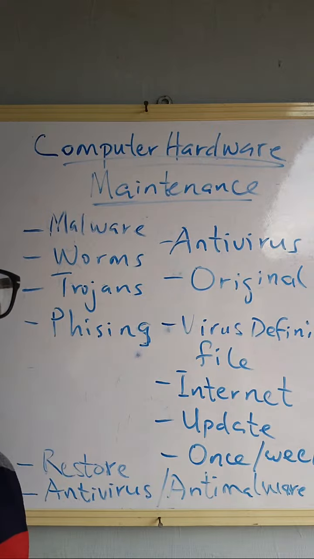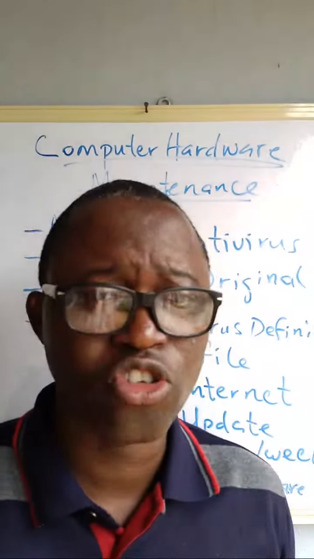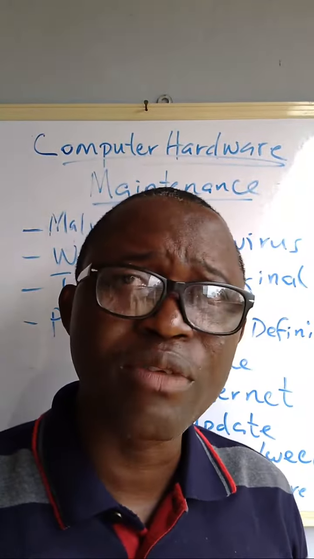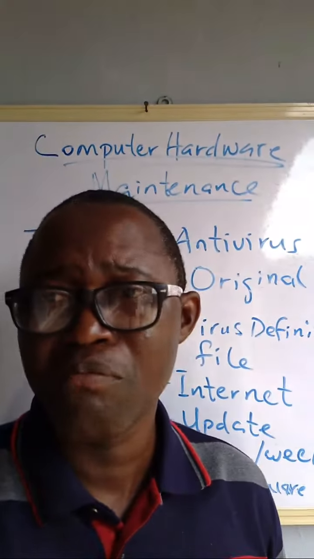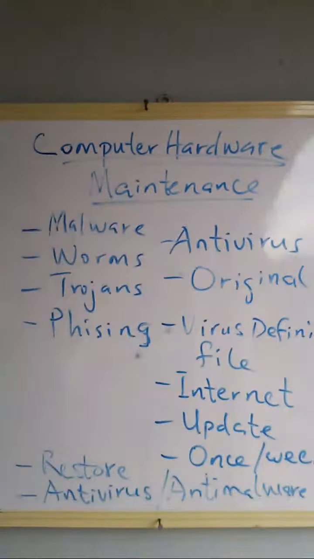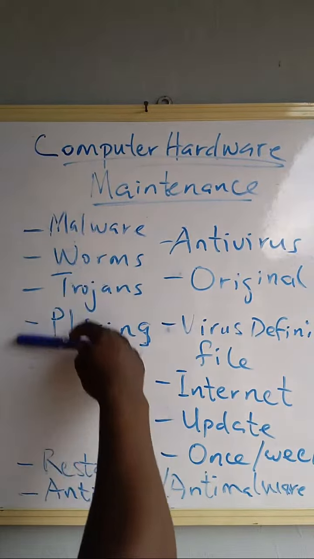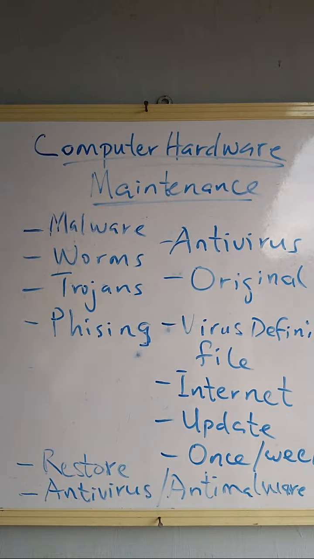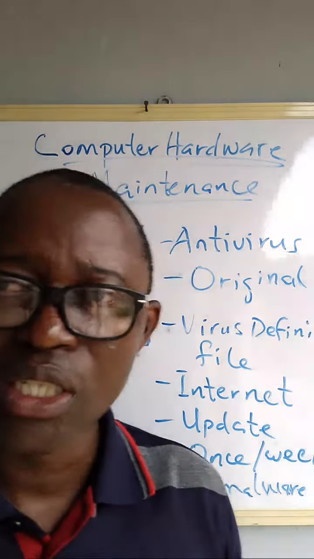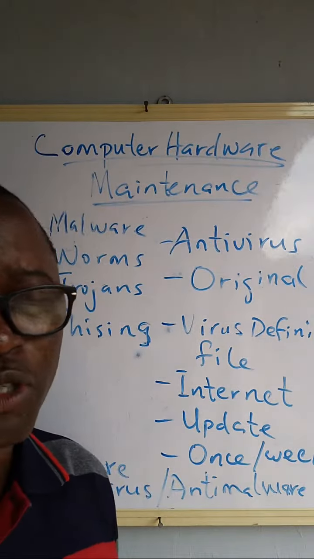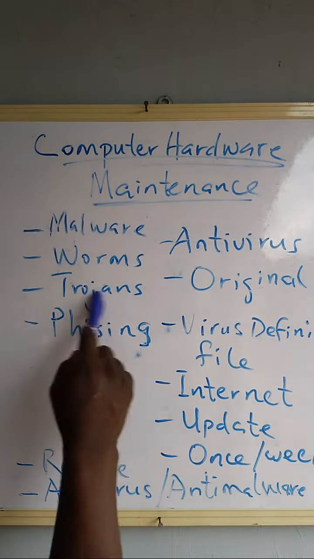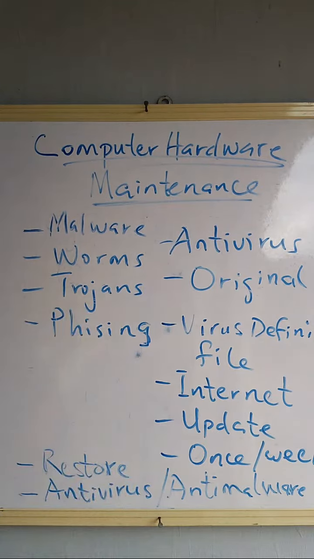Some can be so brutal. Some can prevent you from using your system. Some worms are like that: you will not be able to use your system because of the infection. Some may be so dangerous that they steal your information, especially some Trojan horses. They steal your information.